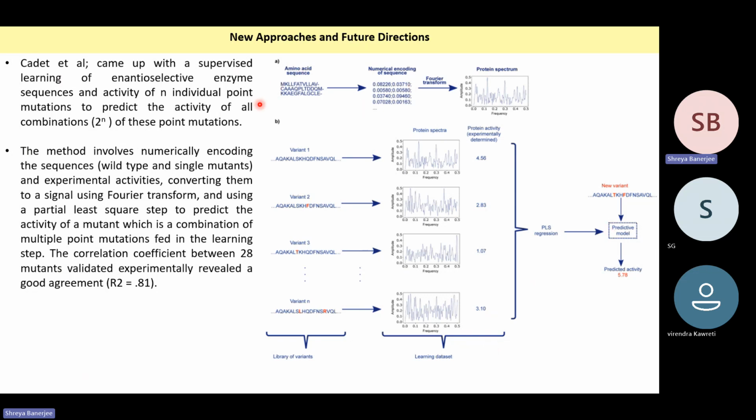So basically we have a set of mutants and a set of the activity of the mutants. Now the computer, you can imagine it like AI. So AI learns as it goes. As it goes, the program learns about the relation between the sequence and the activity.